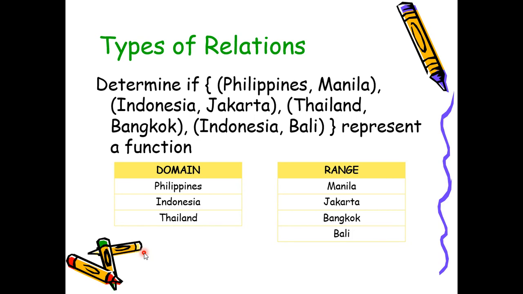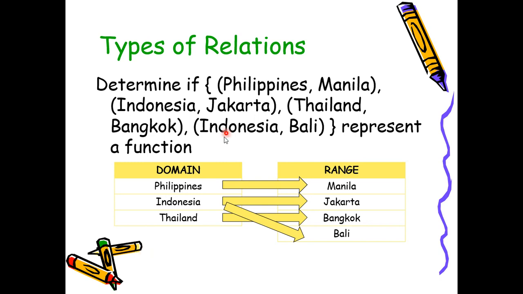Okay? So, after natin masulat po yung domain and range, ganun ulit. So, pagtatapatin lang natin yung corresponding domain for the range. So, si Philippines para kay Manila, si Indonesia para kay Jakarta, si Thailand para kay Bangkok, and then si Indonesia para kay Bali.